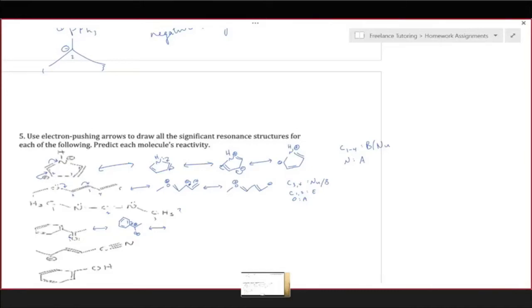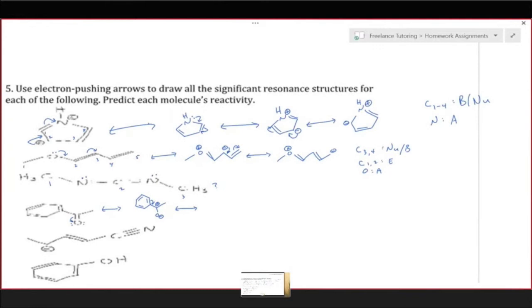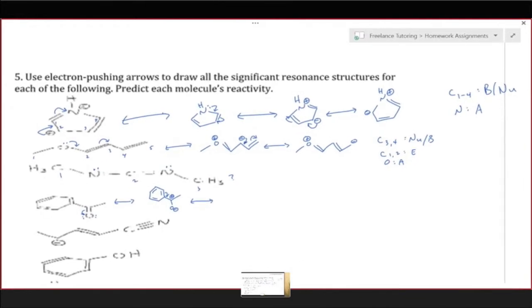So, yeah, you'll see that I only started this last section. Okay. All right, so I'll take a look at what you have here. Let's see. Okay, that's good as far as it goes, but I think you could draw even one more resonance structure.